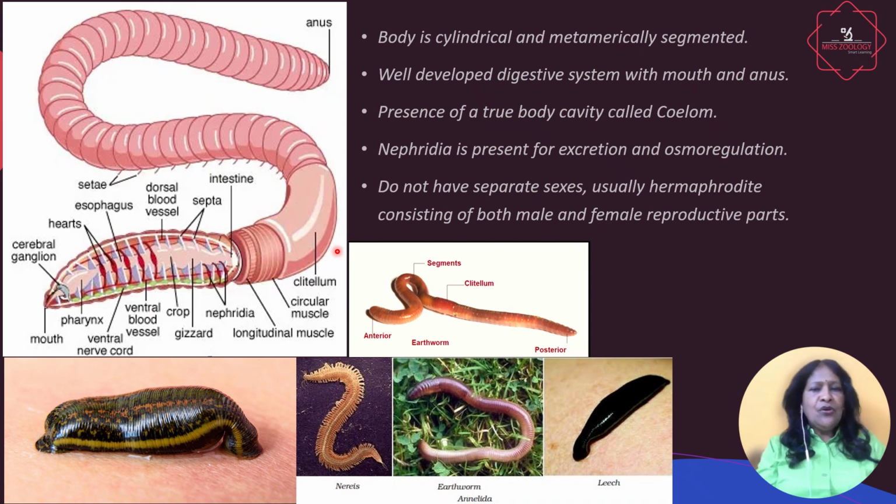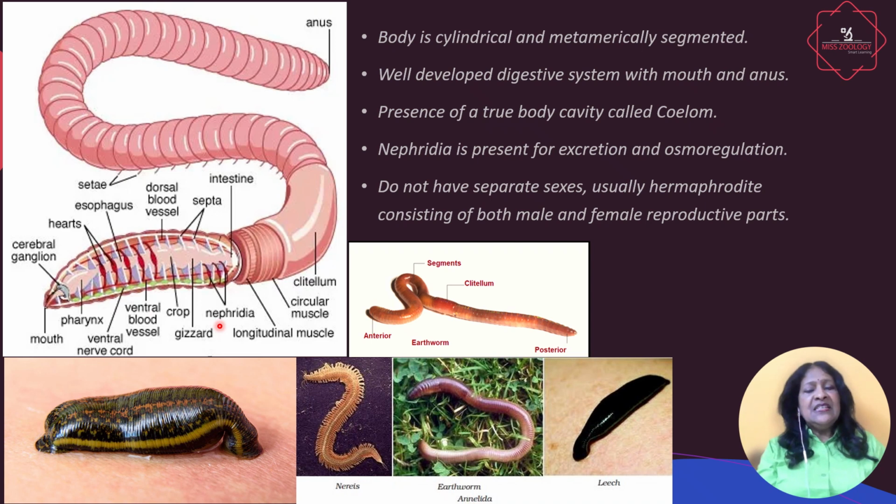The excretory organ in earthworm and other annelids is nephridia, which is not only for excretion, but is also important for osmoregulation, that is the regulation of water content in the body.